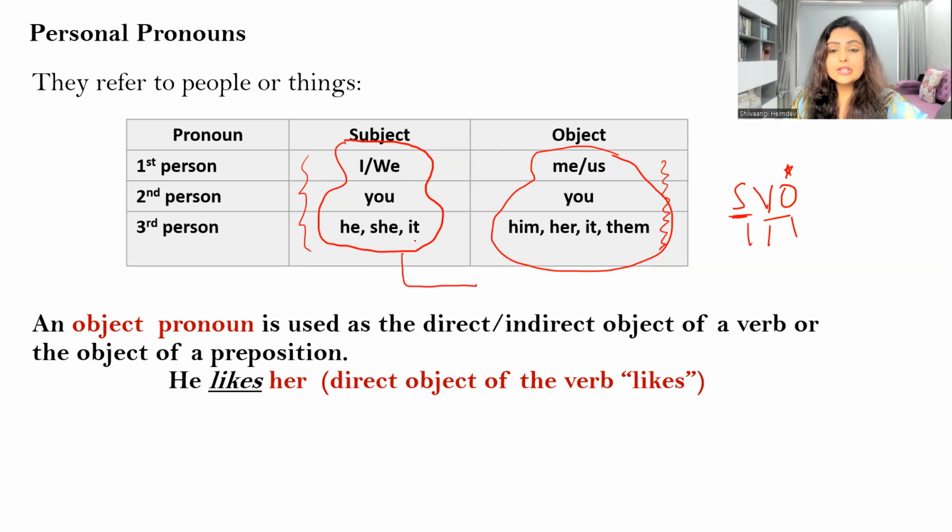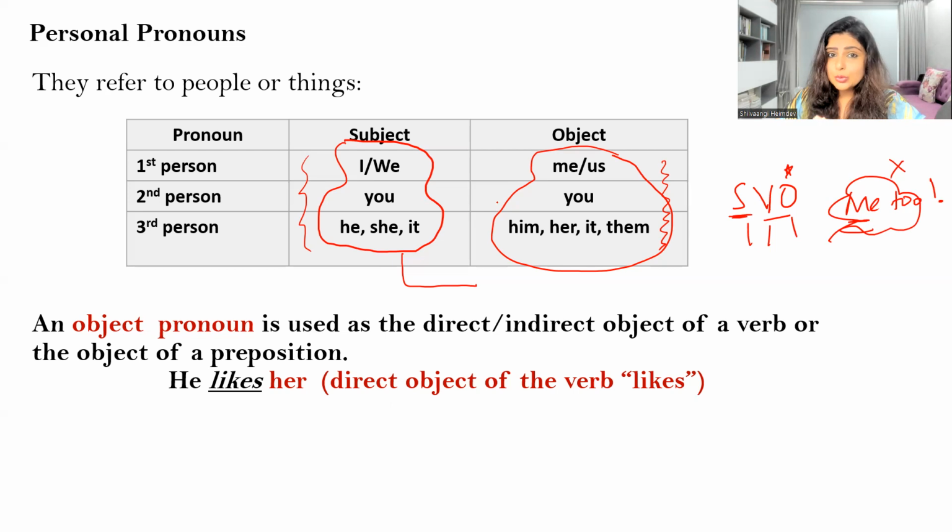Because I should make use of a subject pronoun as a subject in the sentence and an object pronoun as an object in the sentence, expressions like "me too" are incorrect. This expression is absolutely incorrect. Why? Because me is being used as the subject of the sentence.